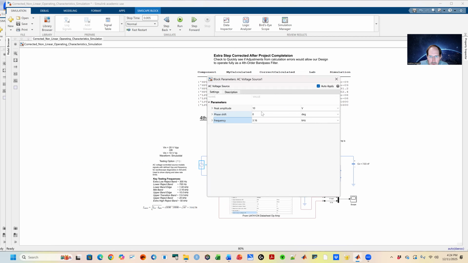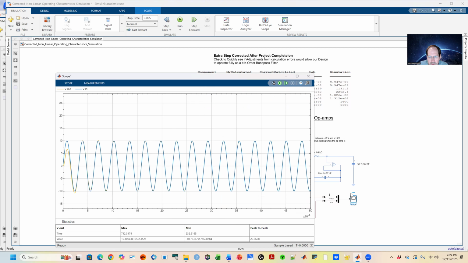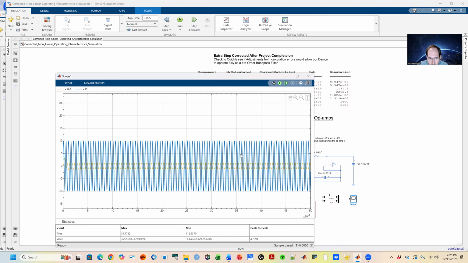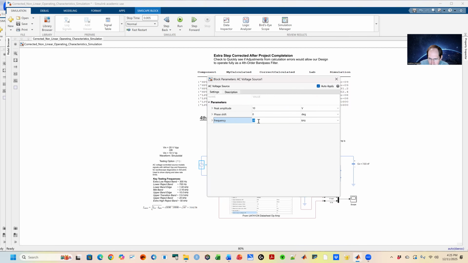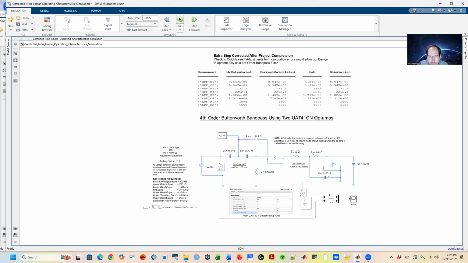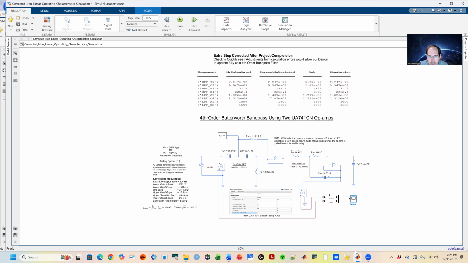And we're going to go, let's put in 20 kilohertz. And you're going to see that it is starting to be suppressed quite a lot. And if you really go crazy and you put in 50 kilohertz, then it completely blocks it. As you can see, it's completely blocked, just like on the other side of the frequency band.